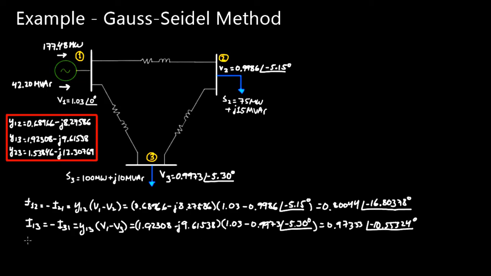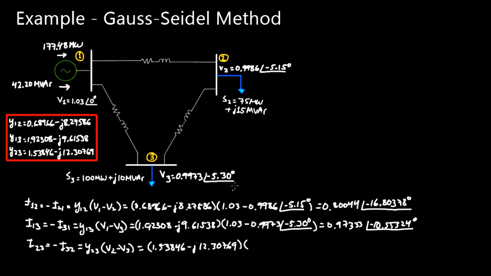Lastly, let's calculate the current that flows from bus 2 to bus 3. I23, which again is equal to minus I32, is equal to Y23 times V2 minus V3. Y23 is over here: 1.53846 minus j12.30769.